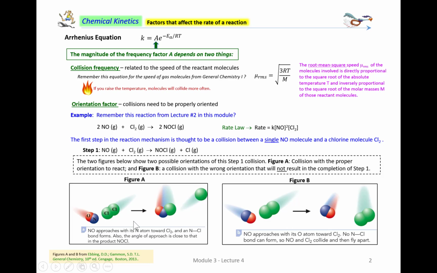The nice thing about the orientation in this collision is that it's the proper orientation for an N-Cl bond to form, which is what needs to form in order to start forming NOCl.